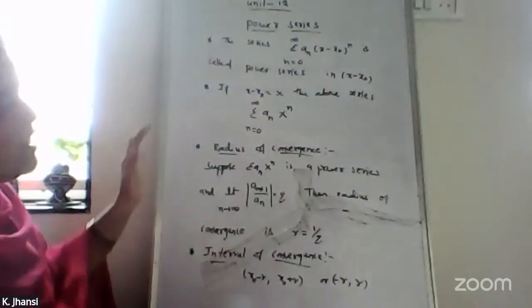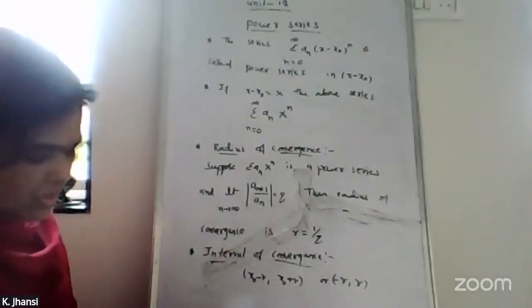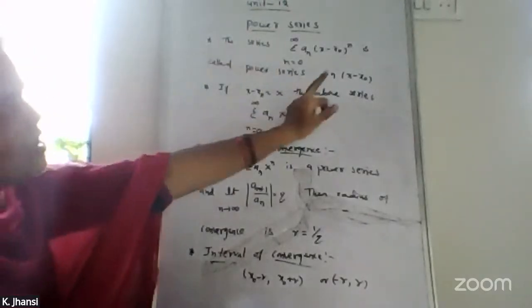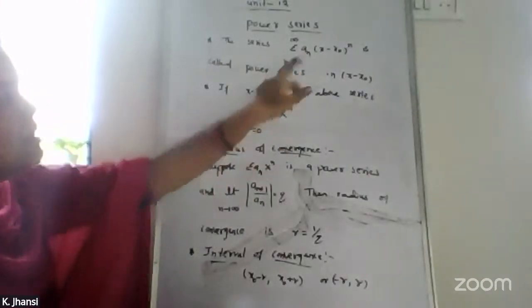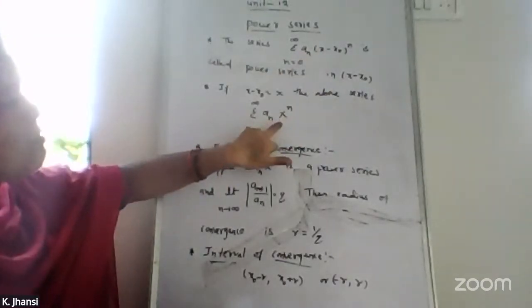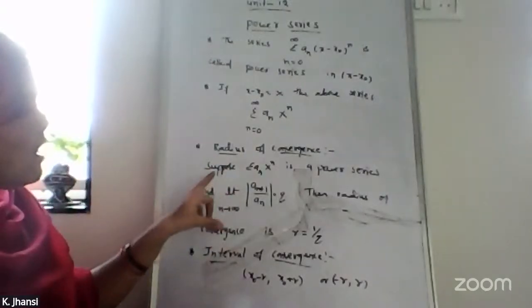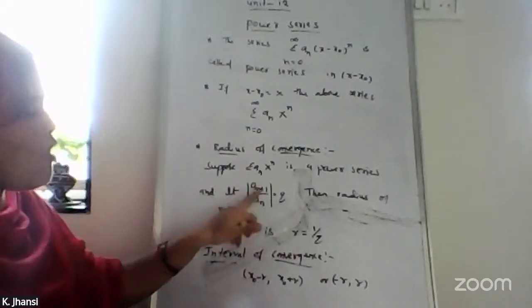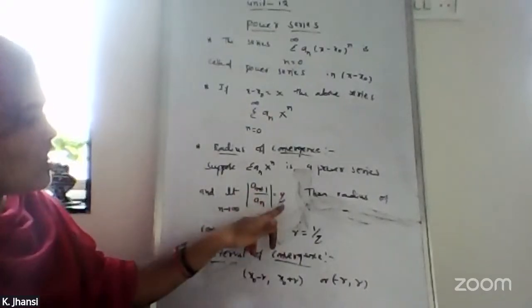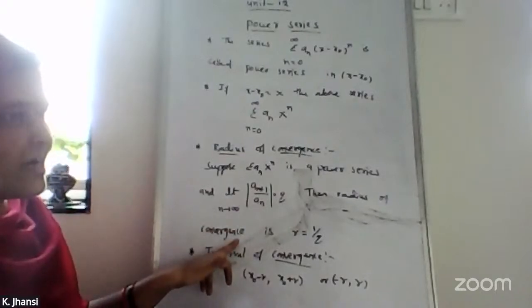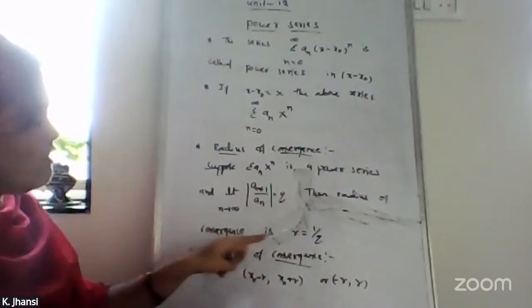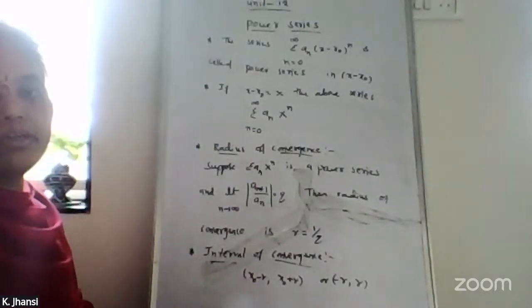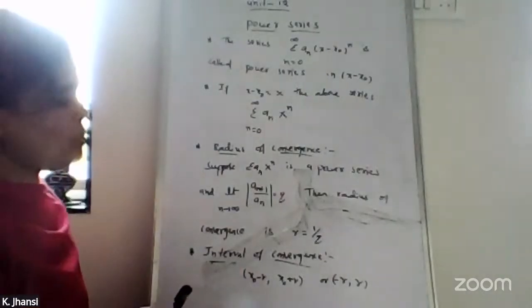So these are the definitions which are important in 12th unit. So the series, whatever it is in the form of both this and this, some problems will be of this form and some problems will be of this form. So after taking the an value, if you find an plus 1 and do the mod of that and find the limit, whatever value you get, that value is called the radius of convergence. And with the value of radius of convergence, we can find interval of convergence. Okay. We'll see one example problem on this.